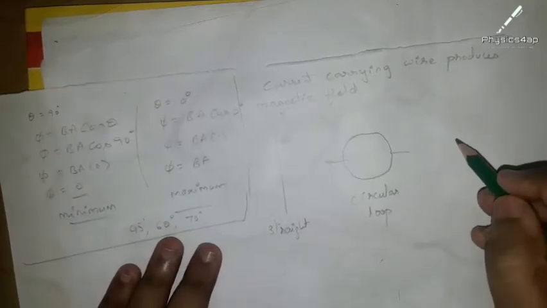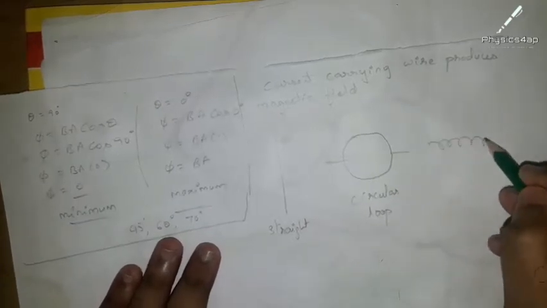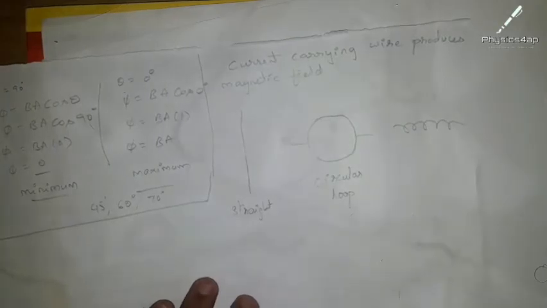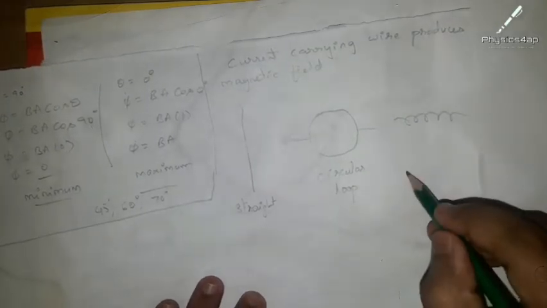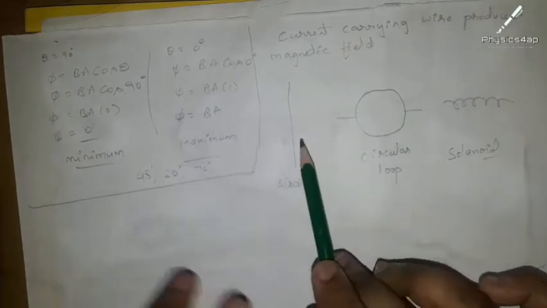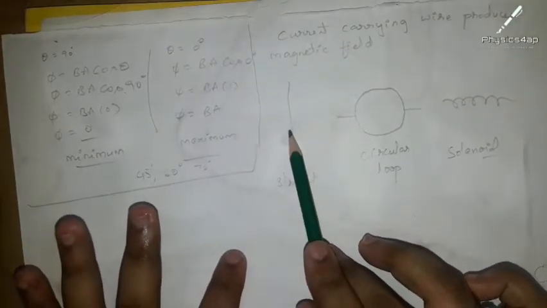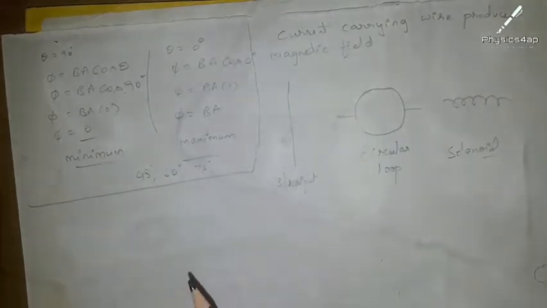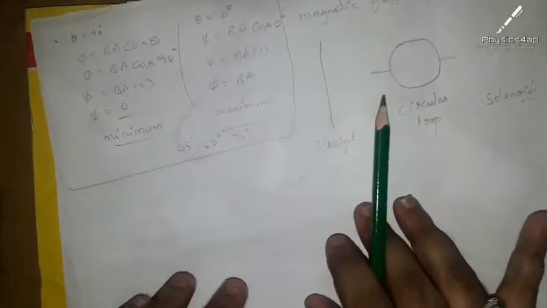And another one is a helical structure shape, which we call a solenoid. Now let us see one by one how the magnetic field is in a straight line, a circular loop, and a solenoid. Before going to that, you need to know about the right hand thumb rule.